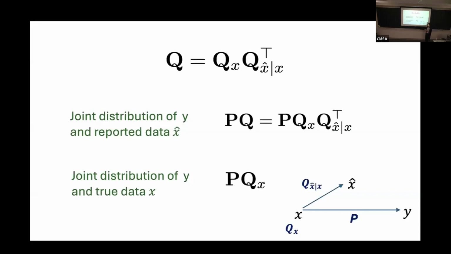And what we want to achieve is to extract information from this p times q such that we can tell apart whether this manipulation matrix leads to a very big deviation or not. Because ideally, we want the joint distribution of x hat and y to just be p times qx.